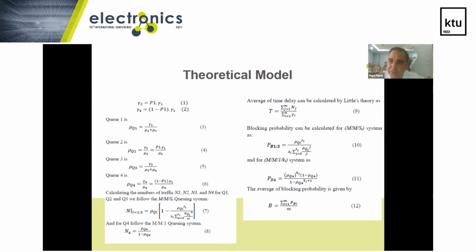In equation 9, we calculate the average delay time, and the blocking probability in each component, as we see in equations 10 and 11. Then the average blocking probability is calculated according to equation 12.